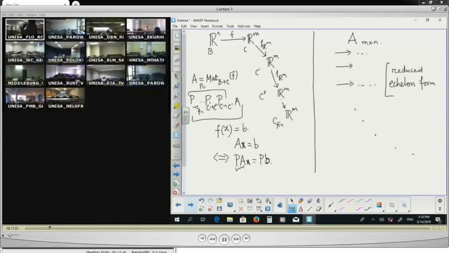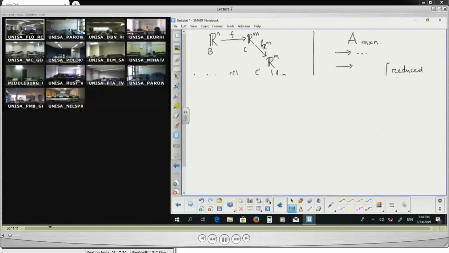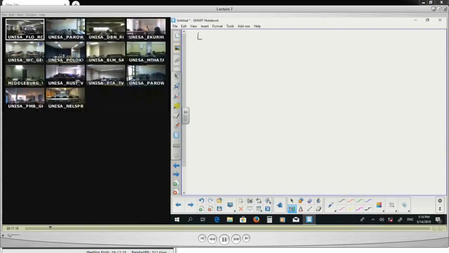Okay? So first let us attack this problem of why I say it is a simple matrix. What is an echelon matrix? By the way, before I go any further, let me introduce this notation.